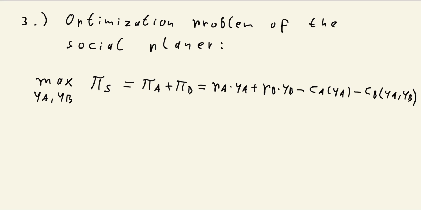And the reason is simply because if we maximize the social welfare function with respect to YA, so the amount of steel, we not only consider the revenue caused by an increase of steel and the cost due to an increase of steel, the direct costs basically, which the steel producer has, but we also consider the negative externality which the steel producer causes for the fish producer.